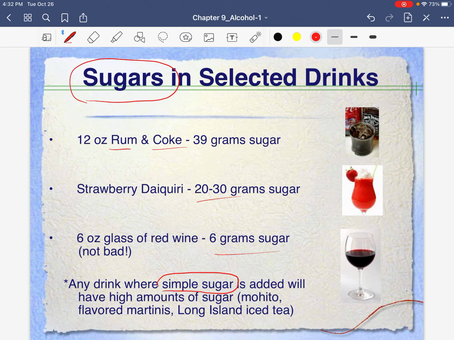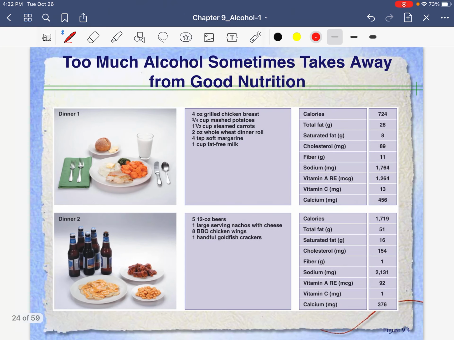Simple sugar is just water and sugar to sweeten it. We're still adding a lot of calories there. So these are just examples of what I already said, that a lot of times people who drink the alcohol in higher amounts, those calories displace what we would otherwise be eating and drinking to provide us with the calories and nutrients that we need.